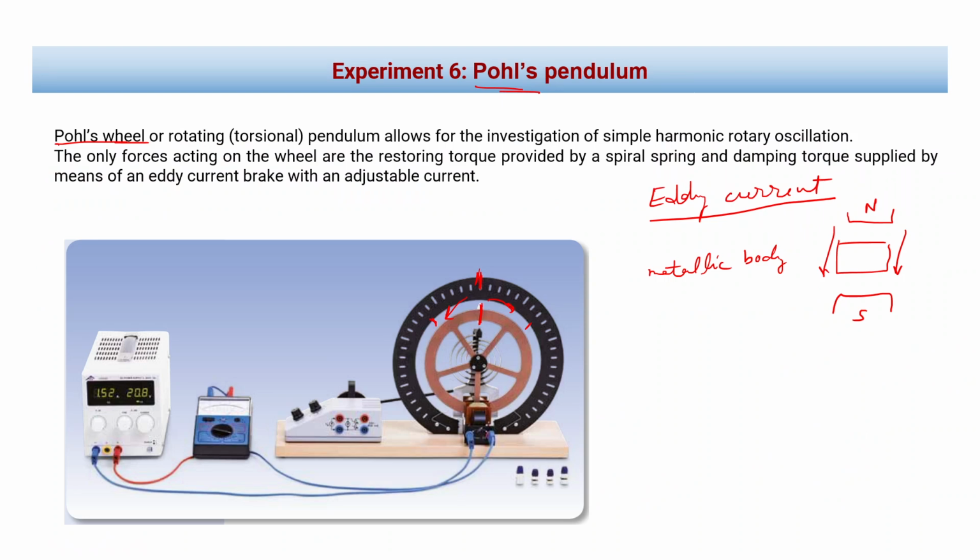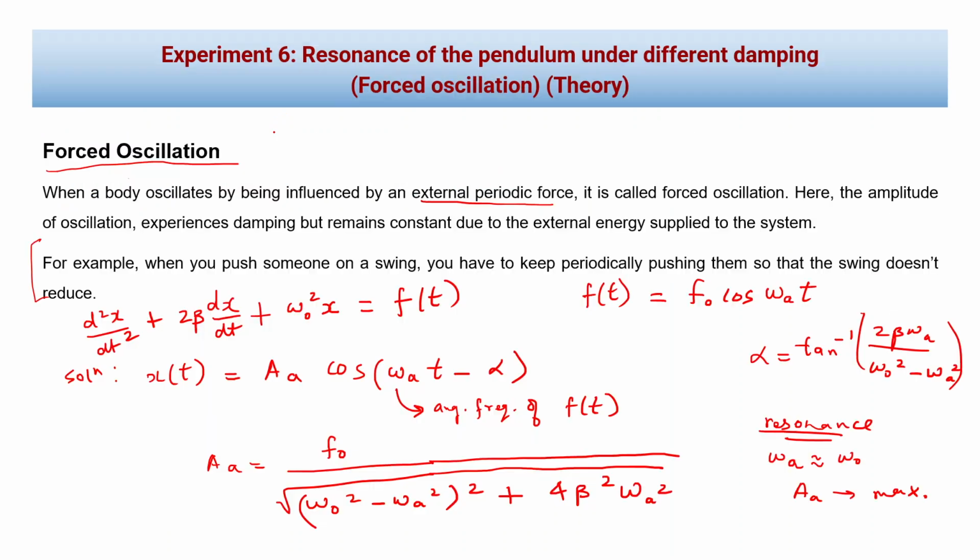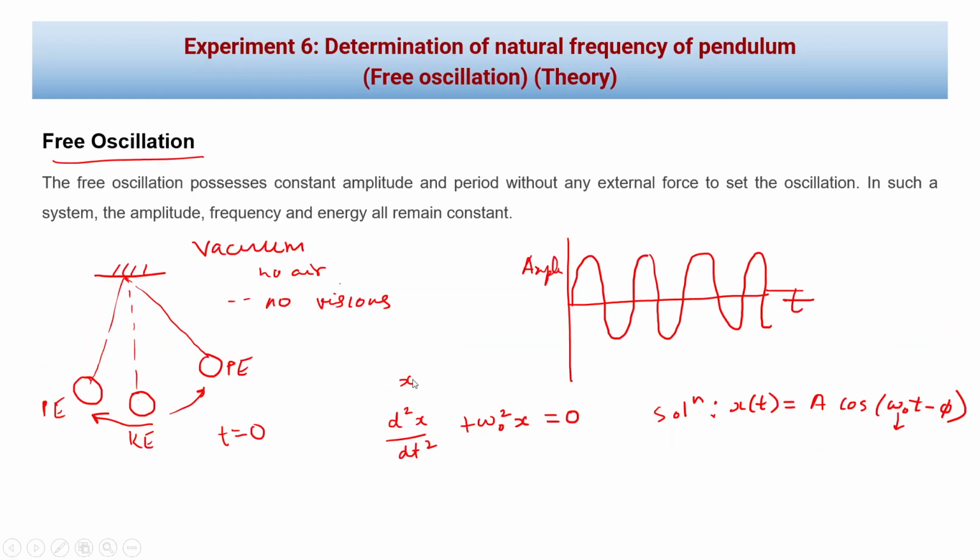Now let's solve some questions based on the understanding of oscillations. First question: a particle is undergoing simple harmonic motion and its equation of motion is expressed as y equal to 0.1 sine omega t. Just to recall, for free oscillation the solution is in the form a cos omega t minus phi, or if the phase is 90 degrees, this can also be written as a sin omega t.